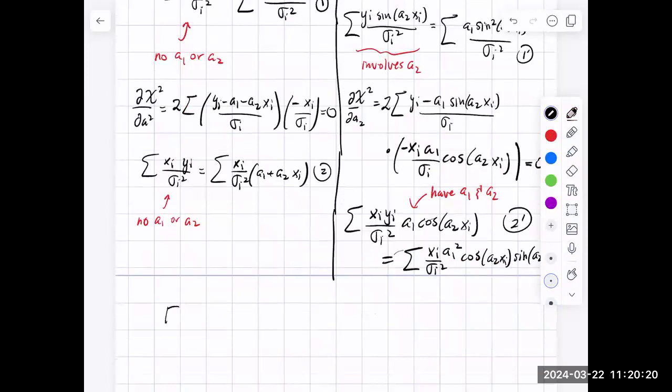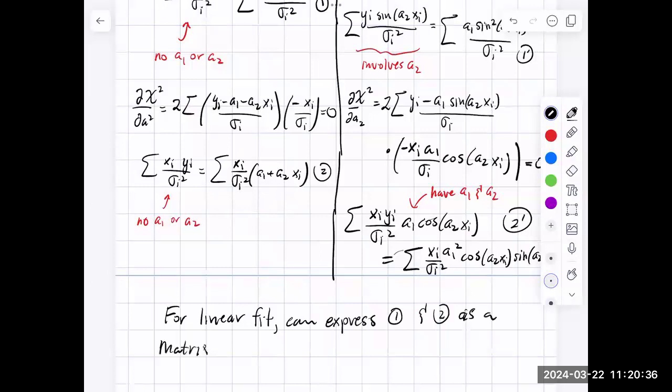So for the linear fits, we can express 1 and 2 as a matrix equation with the a_k parameters in a single column matrix. And I'll write down what that matrix equation was.